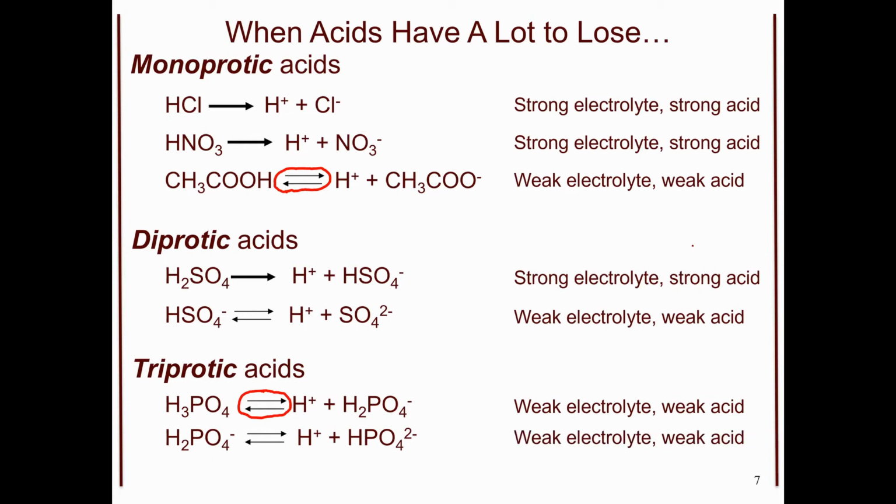This is going to be a weaker acid. And finally, I can attack the third proton, remove that, and end up with my phosphate polyatomic ion, and this is going to be the weakest acid yet. So as you can see, mono, di, and triprotic don't tell you anything about the acid strength. It only tells you about the number of ionizable protons that you might be able to get.